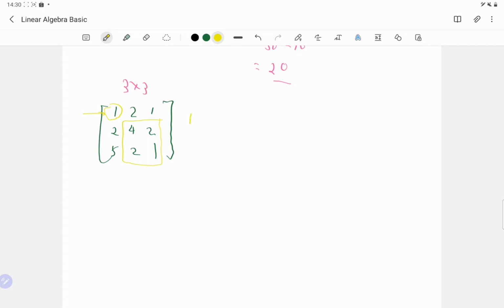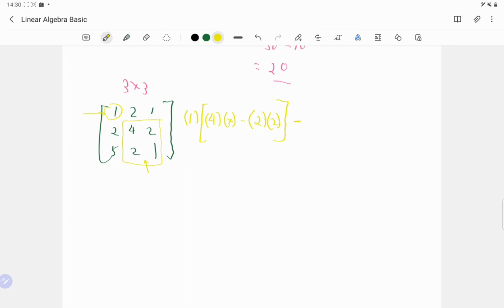Okay, 1 times, I changed this to bracket, times, do that 2 by 2 determinant process. 4 by 1 minus 2 by 2.